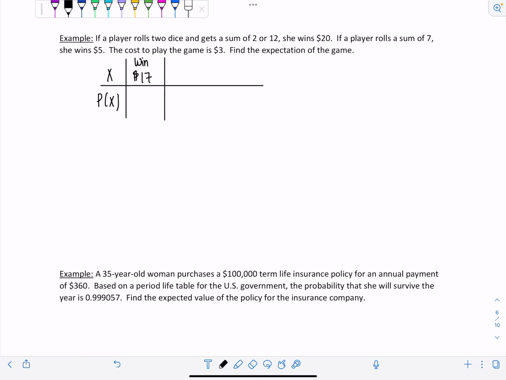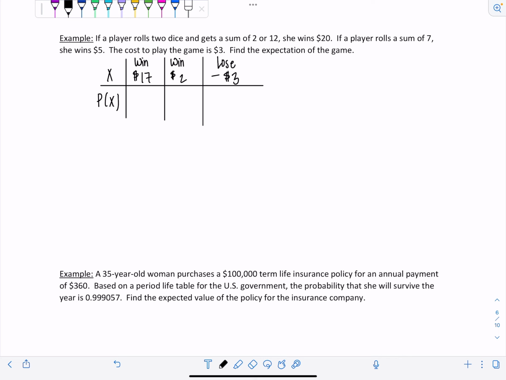The other amount that you could win is $5. But again, remember you paid $3 to play. So then that win would be a net of how much? Just 2. Good. Or saddest outcome of all, you lose, you don't win, in which case you're in the hole $3, so -3.